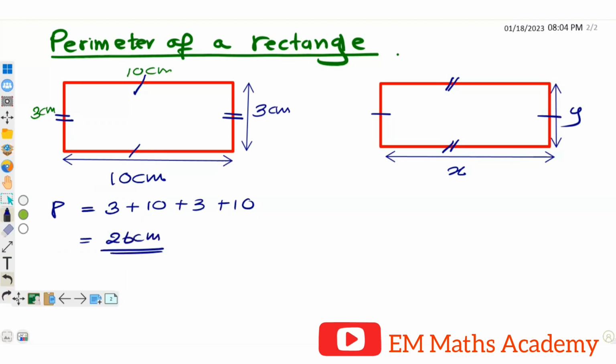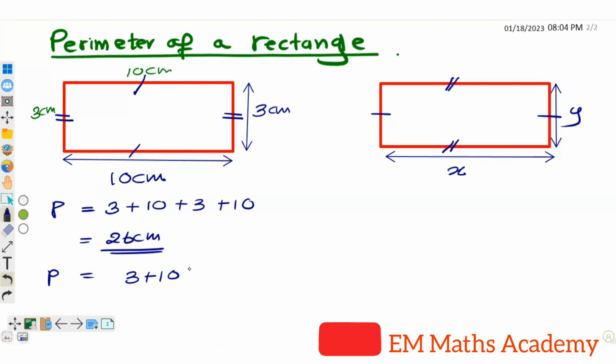Or in the other way that we can do it, perimeter is equal to, you can add the lengths of the sides which are different from each other. It is 3 plus 10.